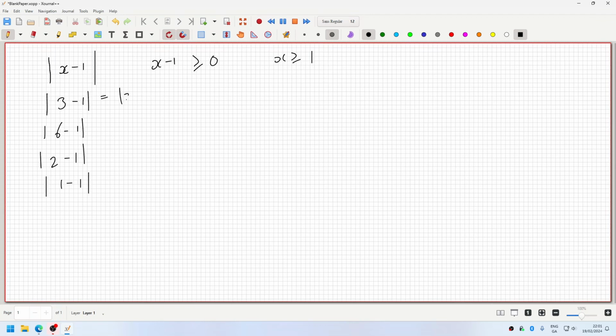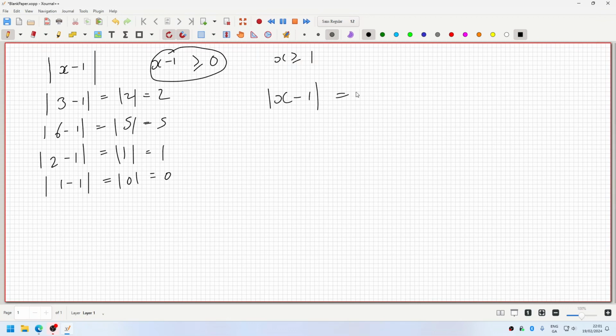This would be the absolute of 2, the absolute of 5, the absolute of 1, the absolute of 0, which is still 2, 5, 1, and 0. In other words, if x minus 1 is more than or equal to 0, the absolute doesn't do anything. The absolute of x minus 1 is still x minus 1, as long as x is more than or equal to 1.